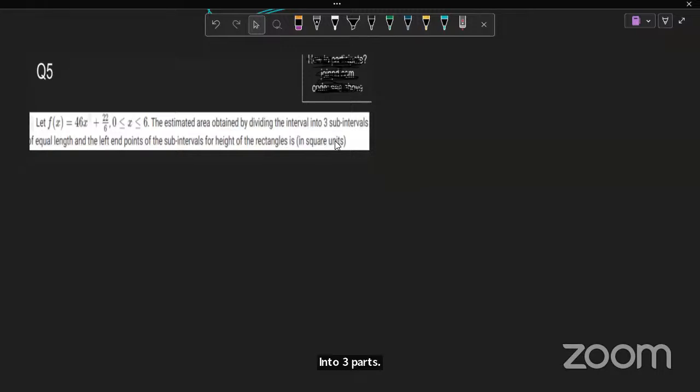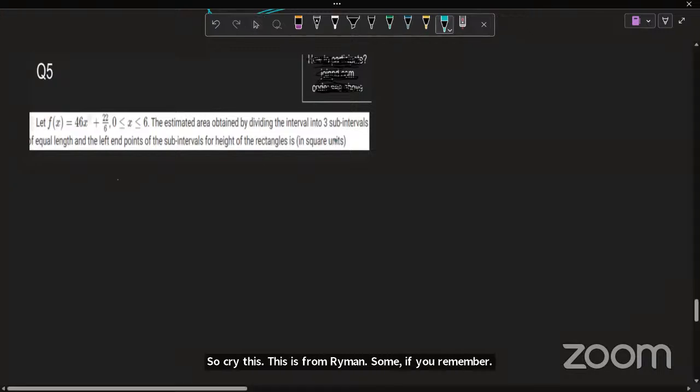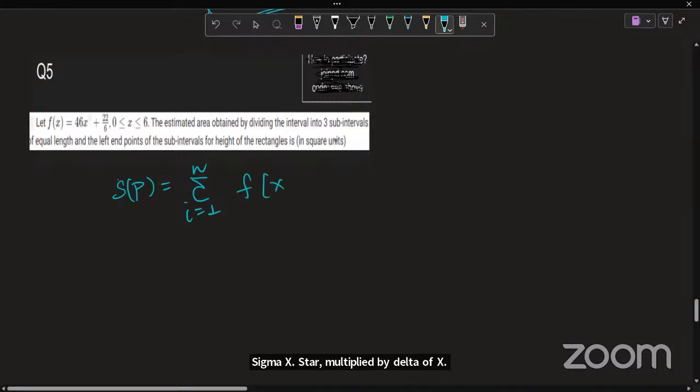Try this. This is from the Riemann sum. If you remember, what is the formula of the Riemann sum? Sigma from i equal to 1 to n of f of x_i star multiplied by delta x_i. What is this delta x_i?